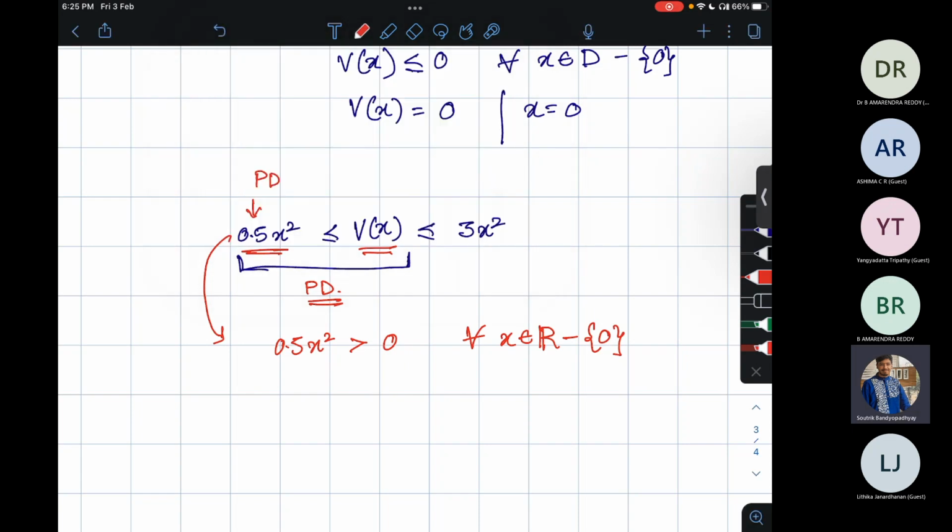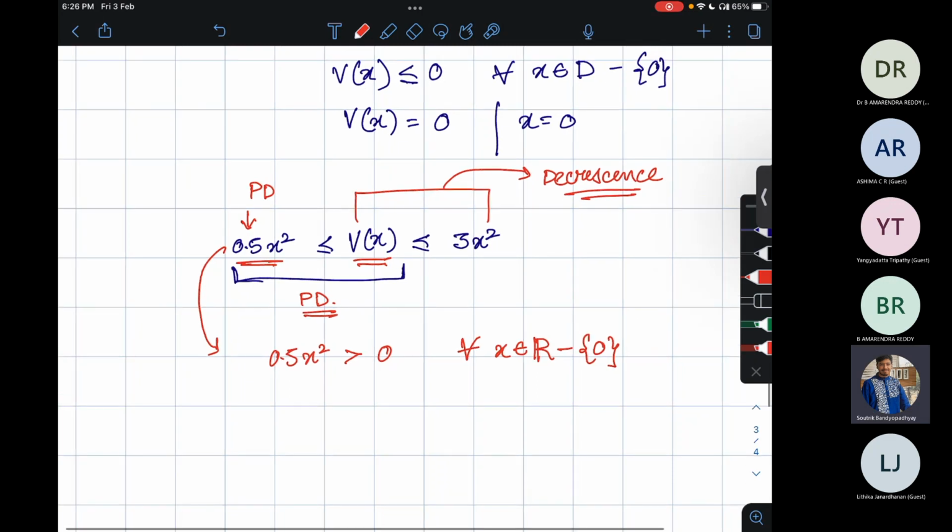And the second condition, this condition, is called decrescence. Now, decrescence doesn't come into picture willy-nilly, because decrescence is applied when it is time dependent. The Lyapunov function is time dependent, but you can comment on decrescence even when this is state dependent.